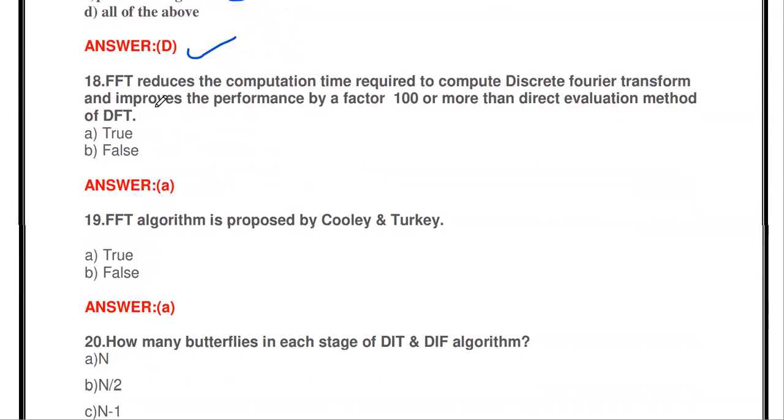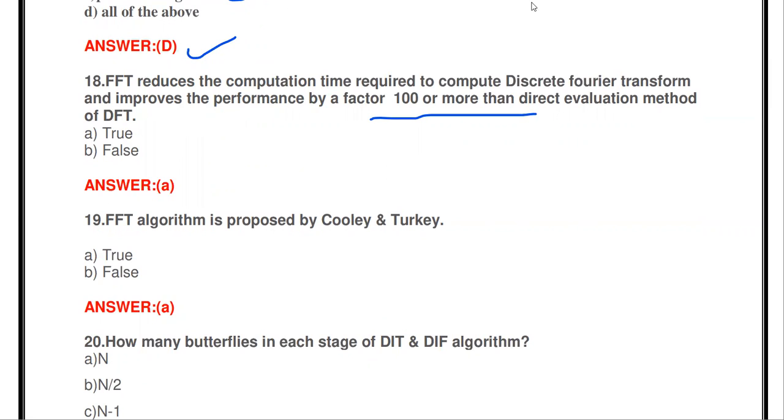The next one: the FFT reduces the computation time required to compute the discrete Fourier transform and improves the performance by a factor of 100 or more than the direct evaluation method. Is this true or not? It's true. The main advantage of the FFT is to reduce the computation time.